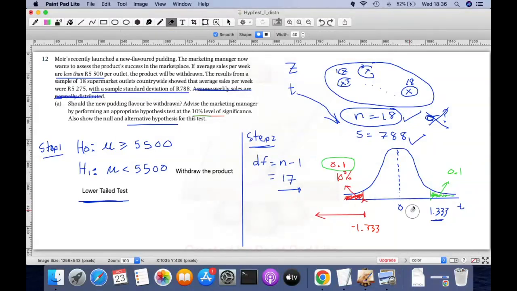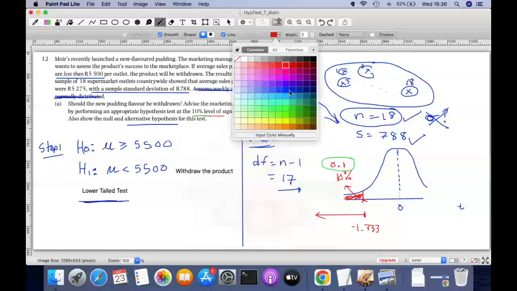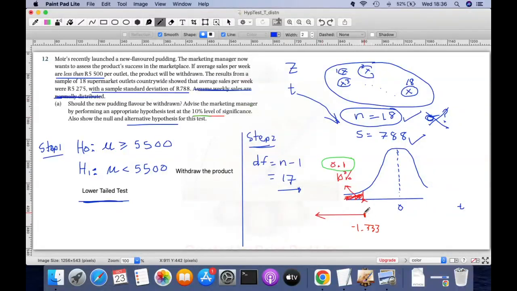I don't need this anymore. I only used it to get the negative value. And so what we're saying is everything on the left of negative 1.33, we're going to reject H0. Anything on the right of it, we accept H0. Here we accept H0. And here, anything on the left of it, we reject H0.